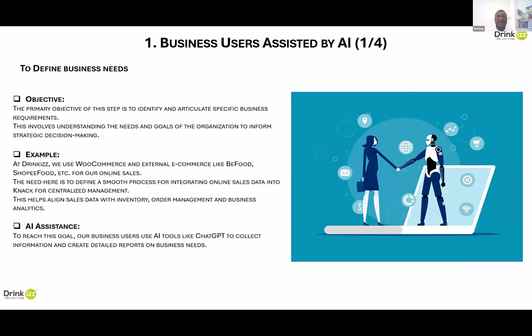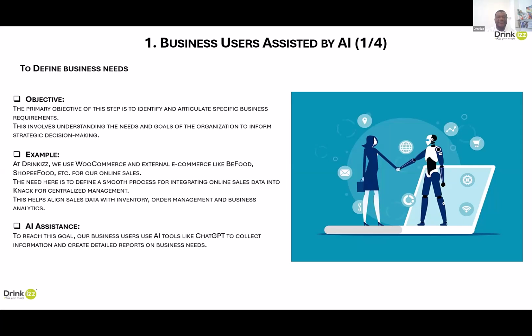Let's see now how AI can assist business users to define the business needs. The primary objective here is to identify and articulate specific business requirements. For example, at Drinkizz, we use WooCommerce and external e-commerce platforms such as BeFood and Shopee Food for our online sales.